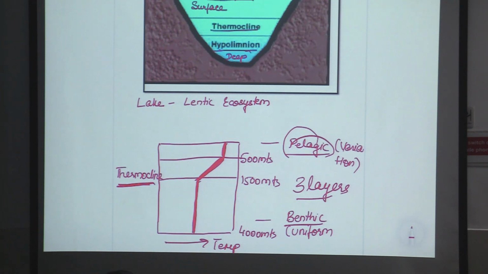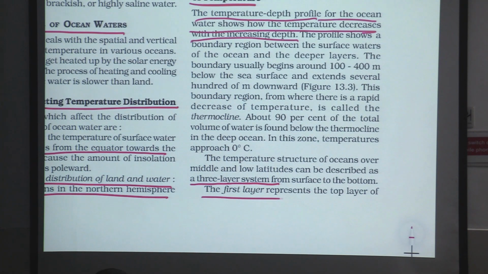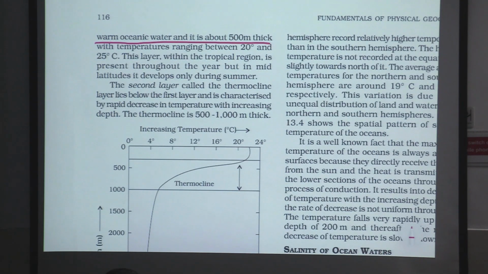And if I continue with the same, changing the color just to make it easier for us: if the surface water temperature is significantly low, then temperature will increase with increasing depth. The first layer represents the top layer, warm oceanic water, 500 meters thick. Temperature varies; we are not standardizing.